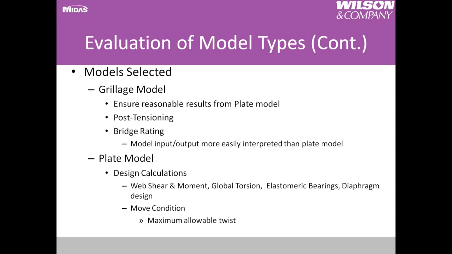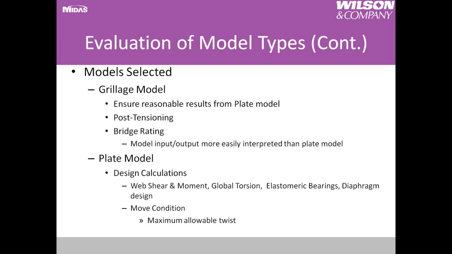So the models selected for this bridge were a Grillage model and a plate model. We used the Grillage model to ensure reasonable results from the plate model. That was important since going into this, the plate model is fairly complex, so it's worthwhile to put forth a simpler model to validate what we're doing in the more complex model.